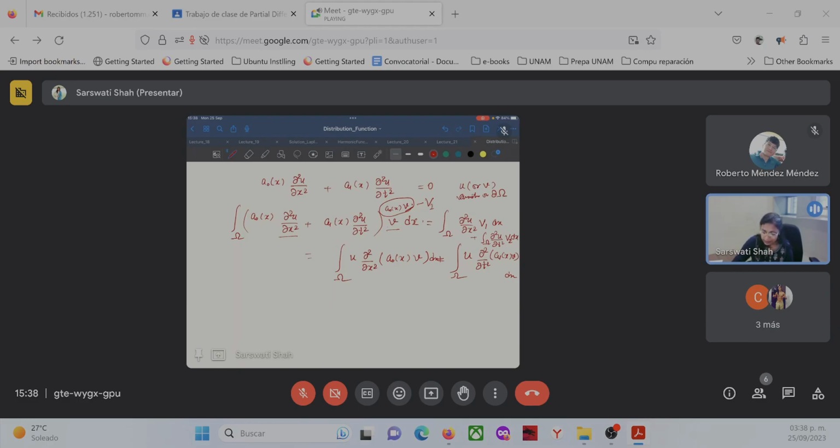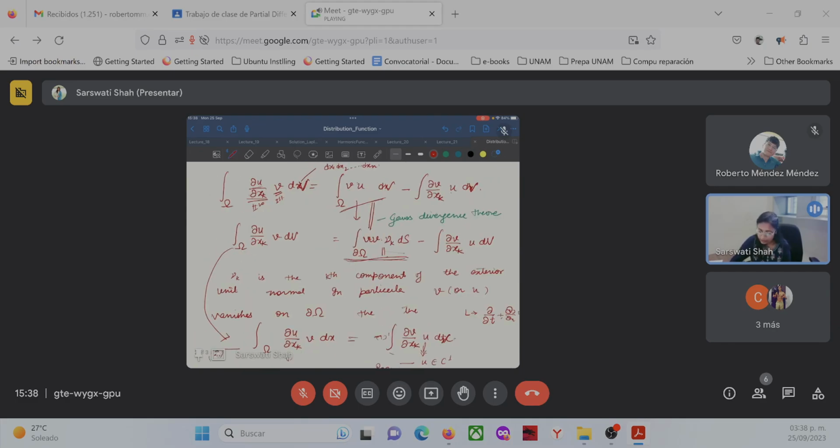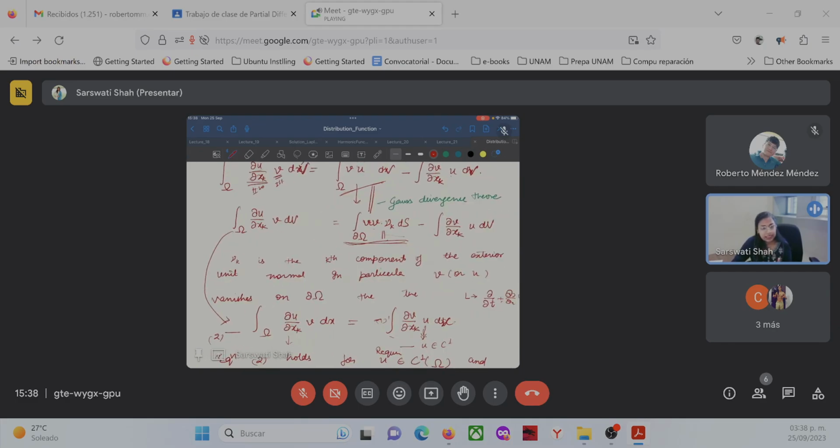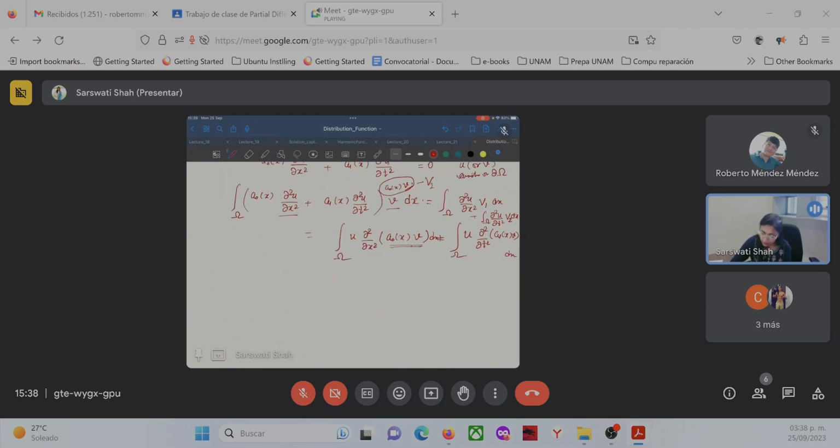This second order derivative will pass to the second function, like v1, according to this theory, when we are assuming that both of the functions vanish on the boundary. Now here the L operator was defined as a naught x del 2 over del x square plus a1 x del 2 over del t square.